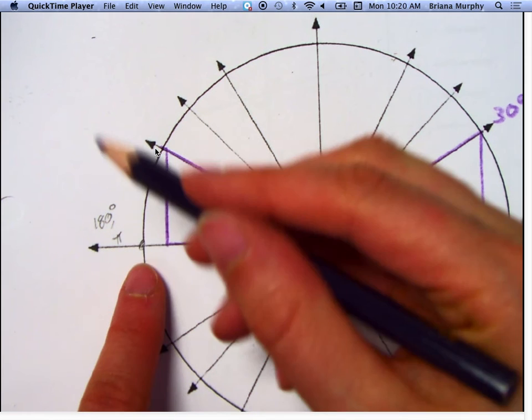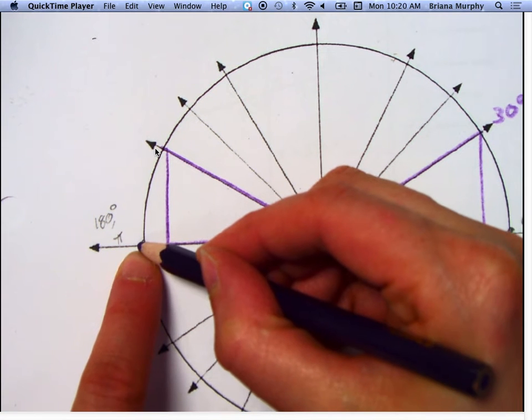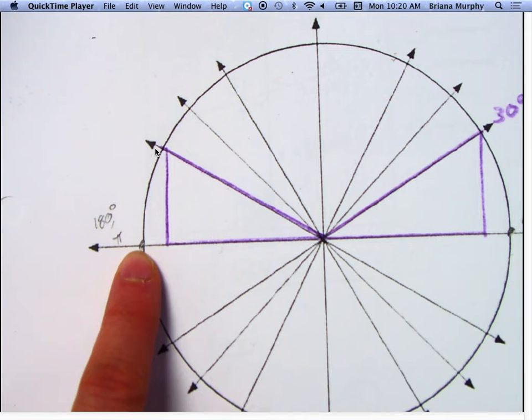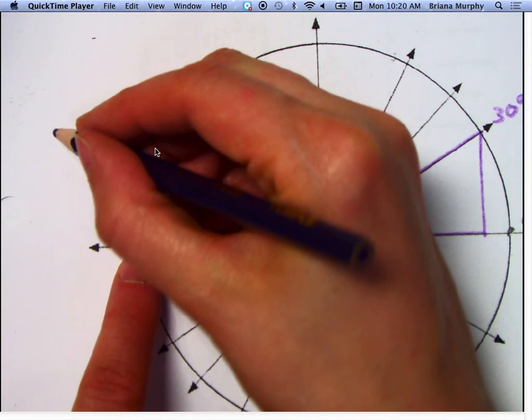Okay? If this is 180 and I want to go back 30, how many degrees would that be? 180 minus 30 degrees is how much, guys? 150.